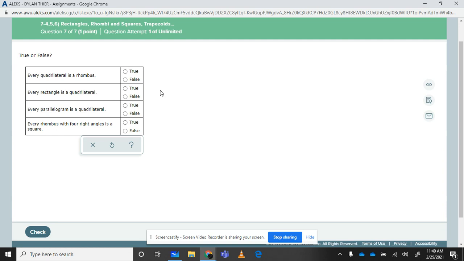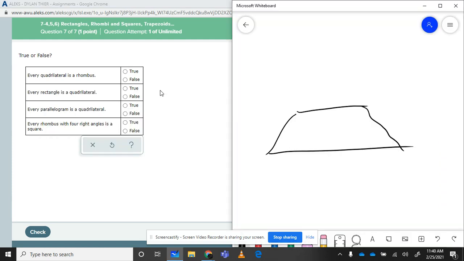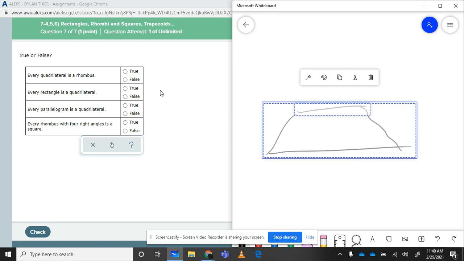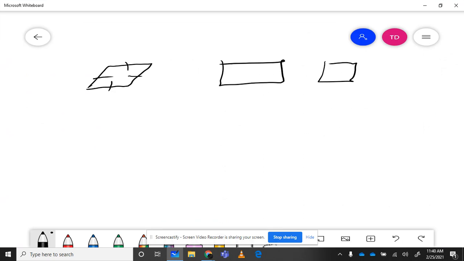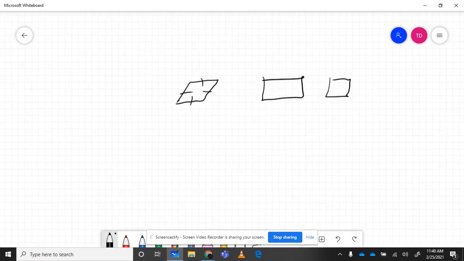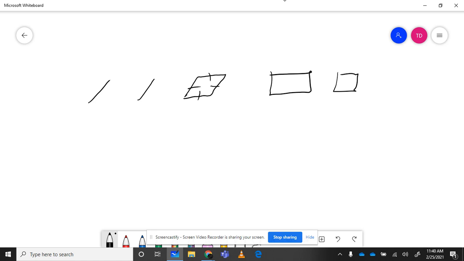Okay, last one. So let's look at what I made originally. So we had squares, we have rectangles, we have parallelograms. Well, let's do rhombuses first. We have rhombuses where all 4 sides are the same. And we have parallelograms where we have 2 pairs of matching sides.